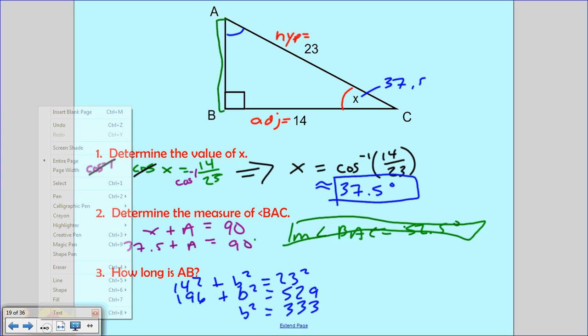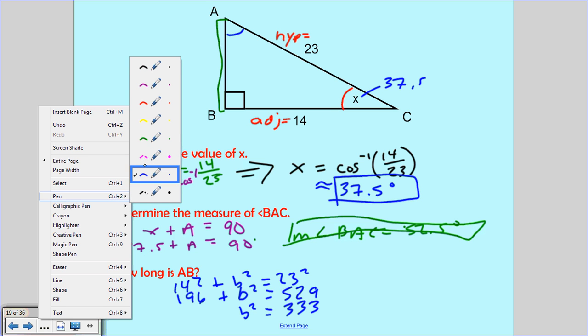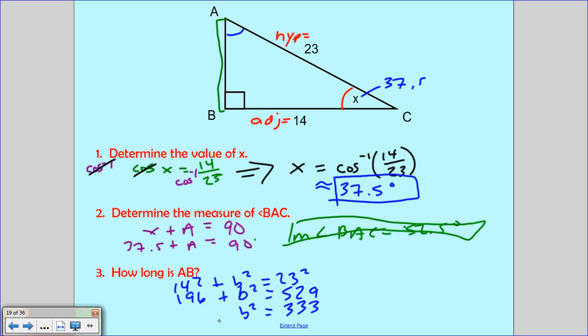And then you have to take the square root of both sides. So b is about 18.25.